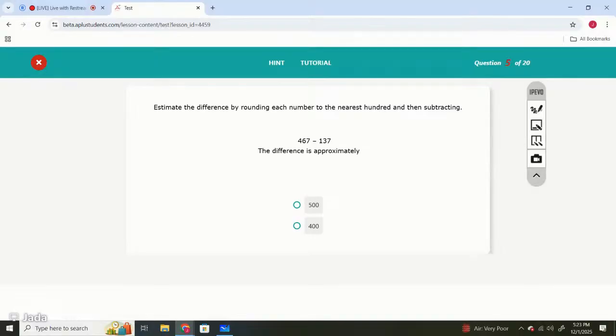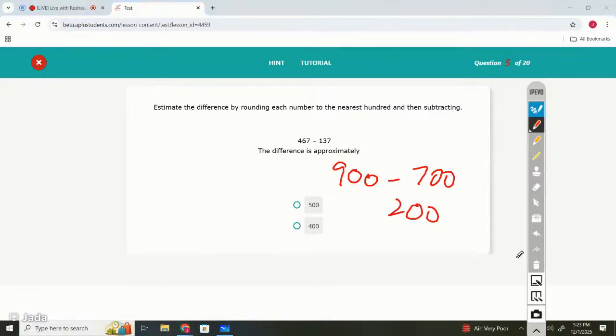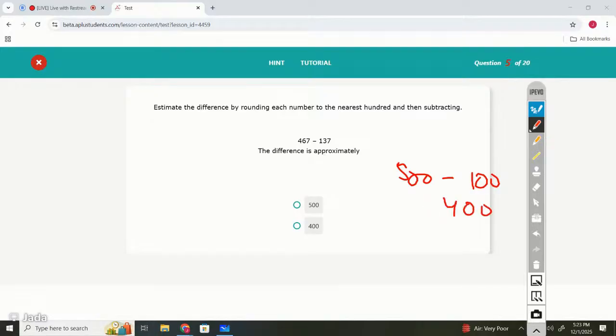So 467 is rounded to 500 and 137 is rounded to 100. So 500 minus 100 equals 400. Option number 2 is the correct option. That is 400.